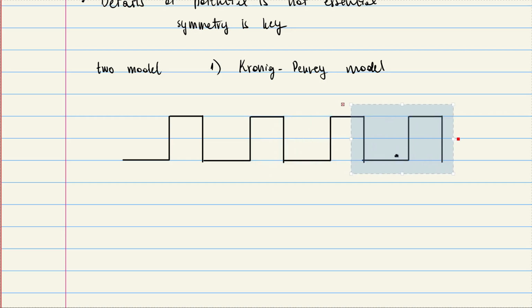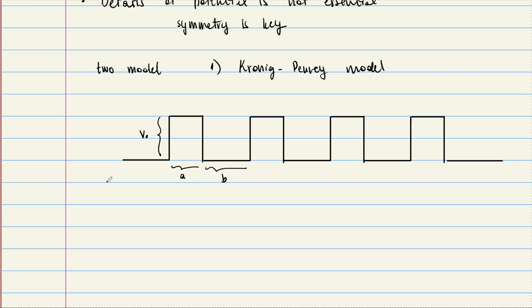This is a periodic potential, right? Let's call this length A, this is B, and the barrier can be as high as V naught, and the problem is just to solve the Schrödinger equation in such a given potential.